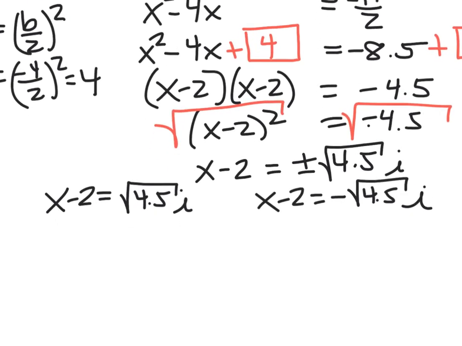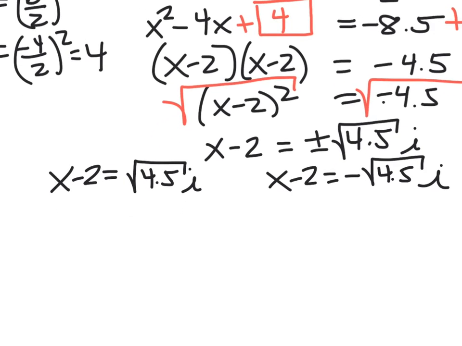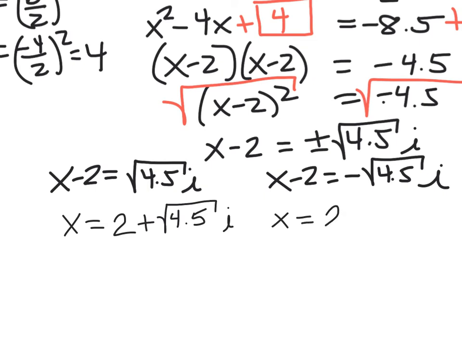Okay, so to finally solve for these complex solutions, I'm going to add 2 to both sides over here. So I'm going to add 2, so I'll have a positive 2, and I have the square root of 4.5 i, and I'm going to add 2 to this side as well as to this side. Notice I'm putting the real part first.